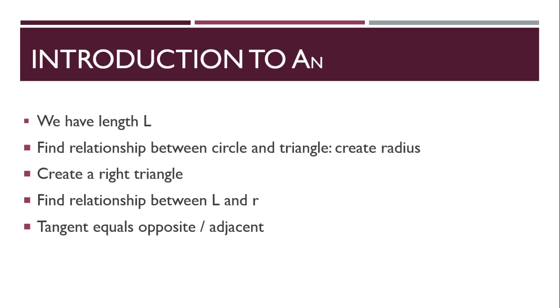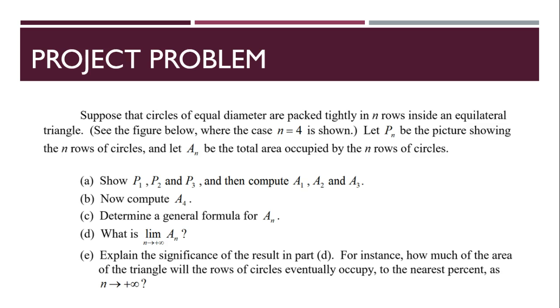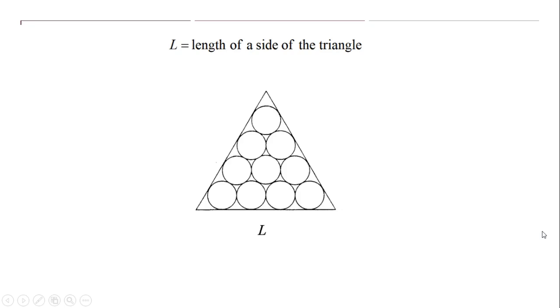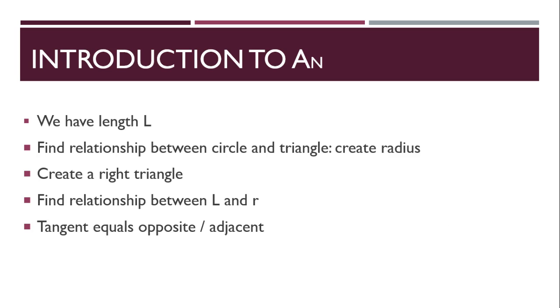But before we compute, I want to introduce what A of n is and how we can start computing it. In this problem, it tells us to let A of n be the total area occupied by n rows of circles. So to start, let's talk about some basics.